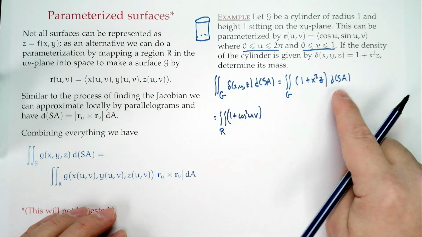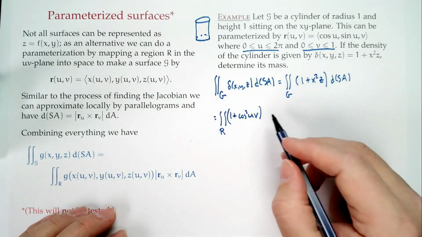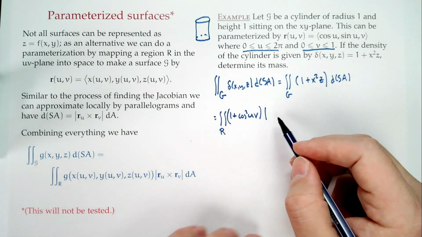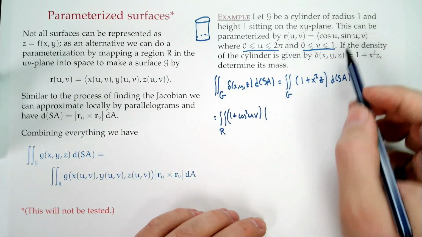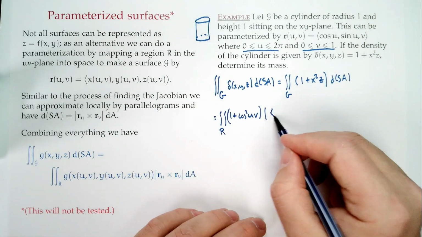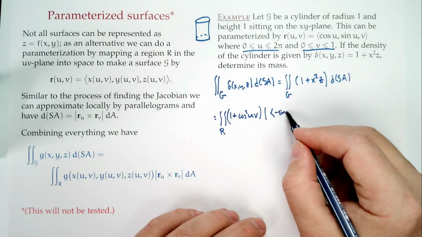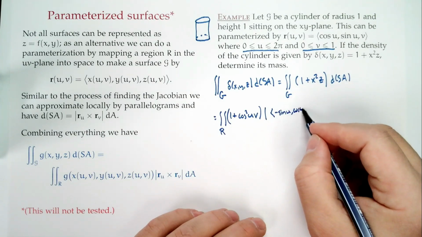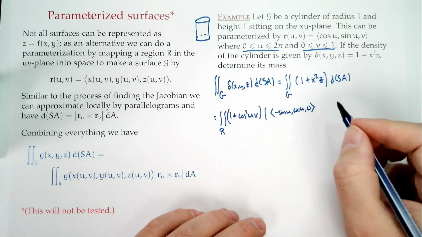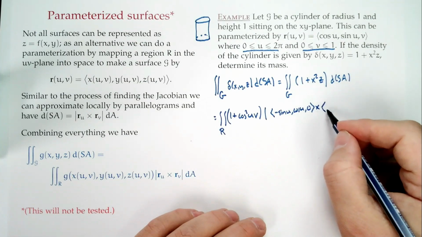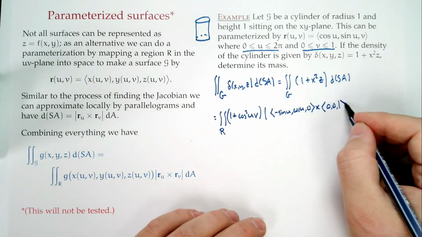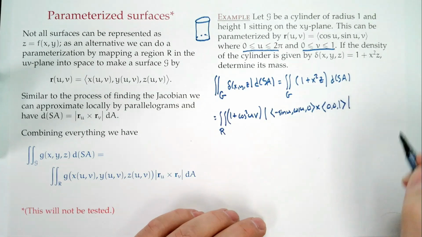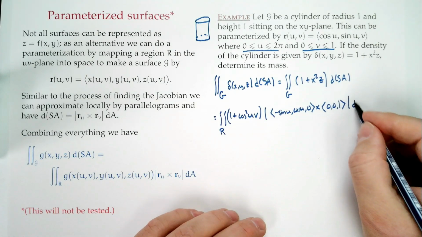So we've got to figure out what that is. That's going to be the magnitude of r sub u, which is minus sine u, comma, cosine u, comma, 0, cross r sub v, which is 0, 0, 1. All right, and then that'll be our dA.